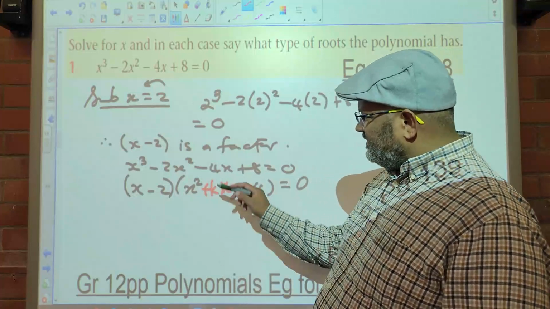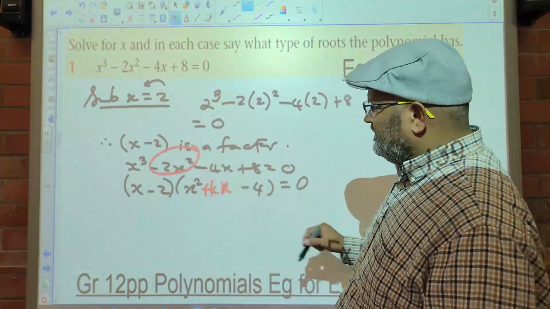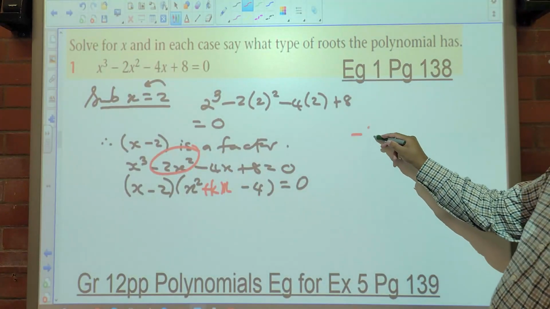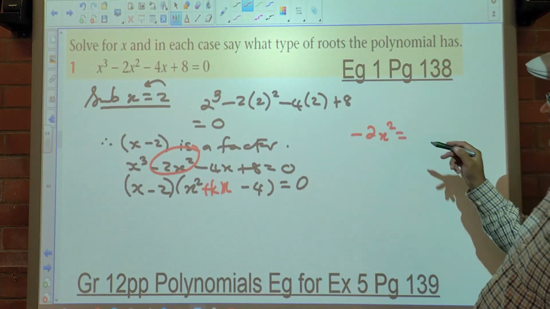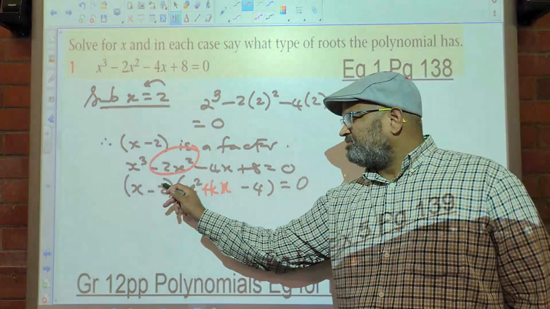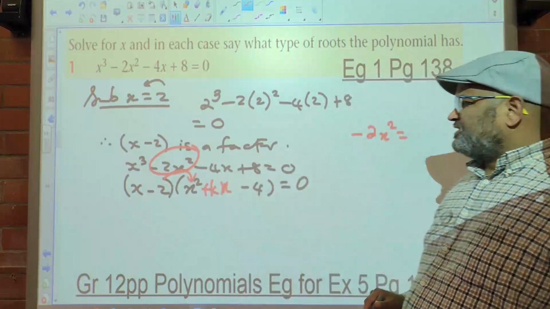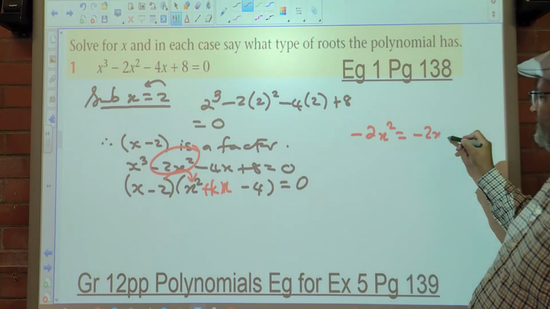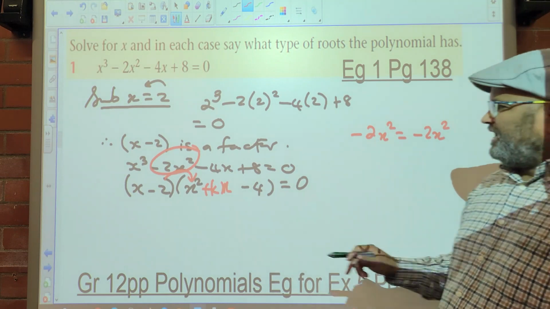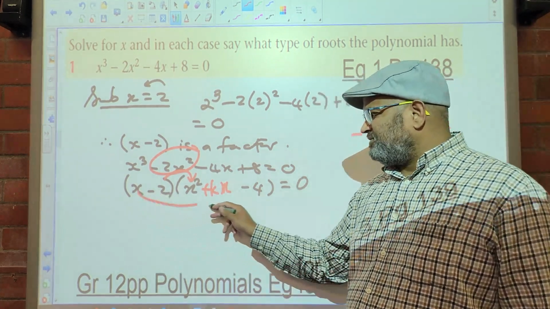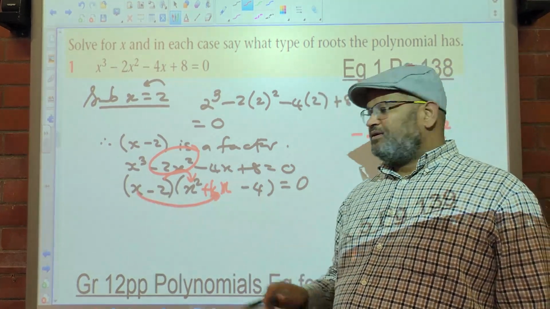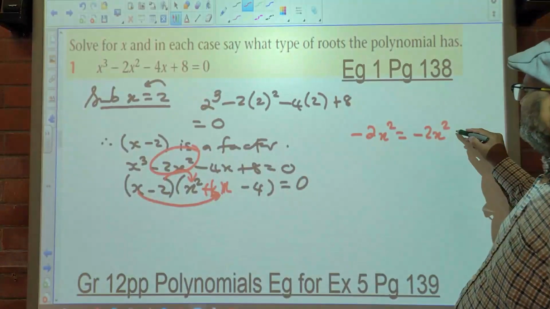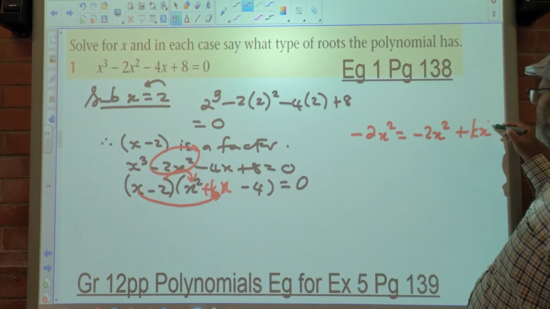I must end off with negative 2x squared. So how do I get an x squared? I multiply a constant with x squared, which gives negative 2x squared, and an x with an x gives me x squared. So that's going to give you plus kx squared.